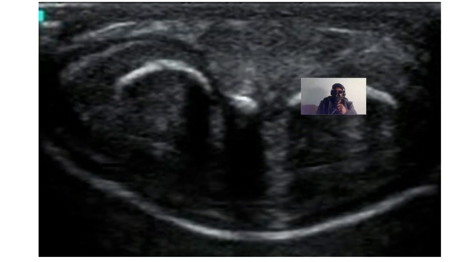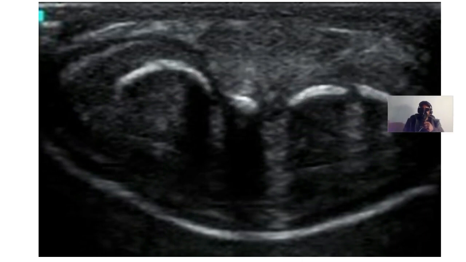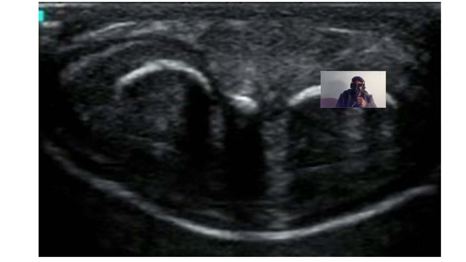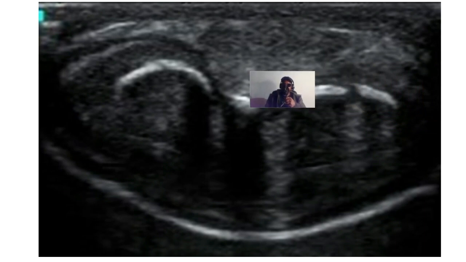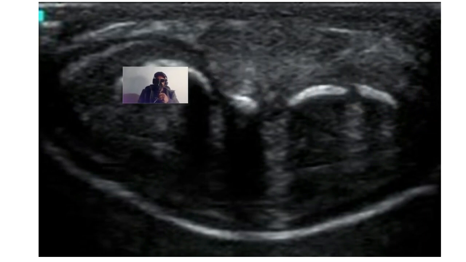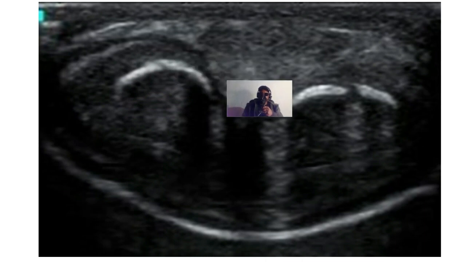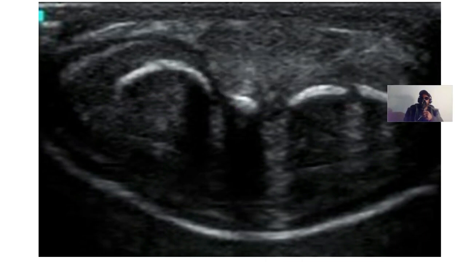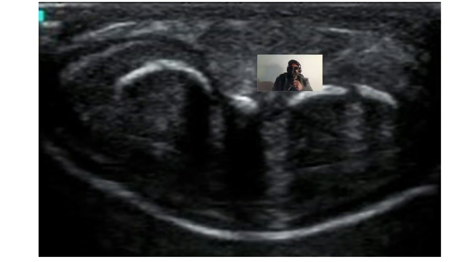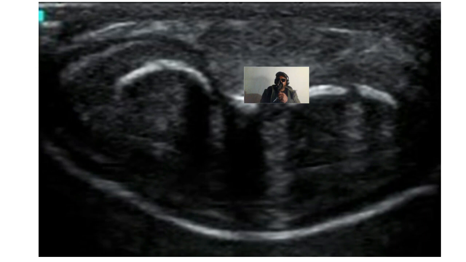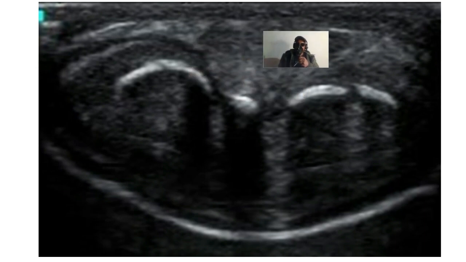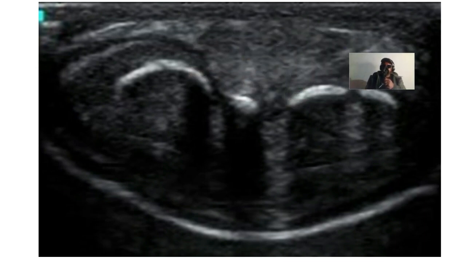Yes, the calcifications here. So these calcifications, when you see them on ultrasound scan, you must already start to think of a condition which is called Peyronie's disease.